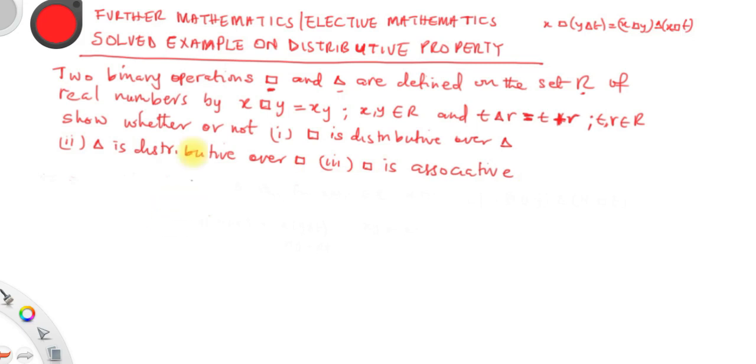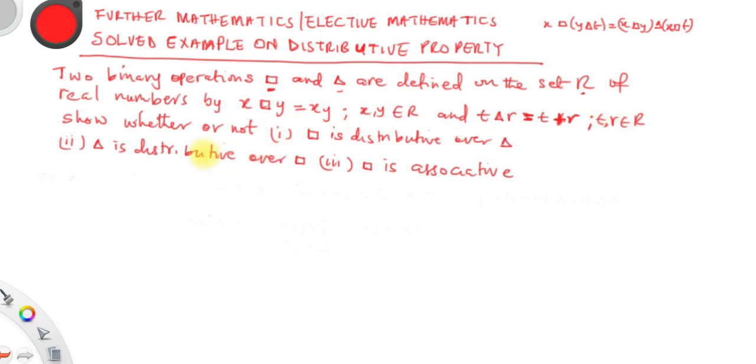In general, the operation square is defined on the set of real numbers with two elements, x and y, and the operation triangle is also defined on the same real numbers with two elements, t and r.